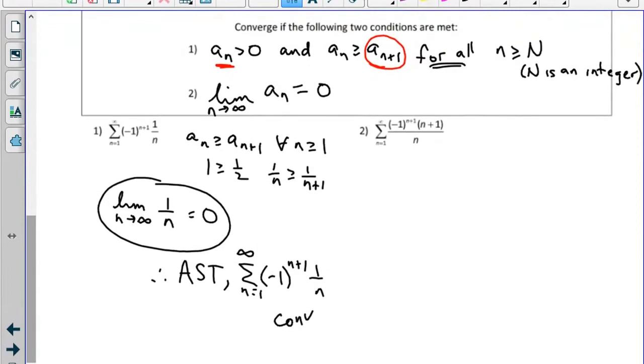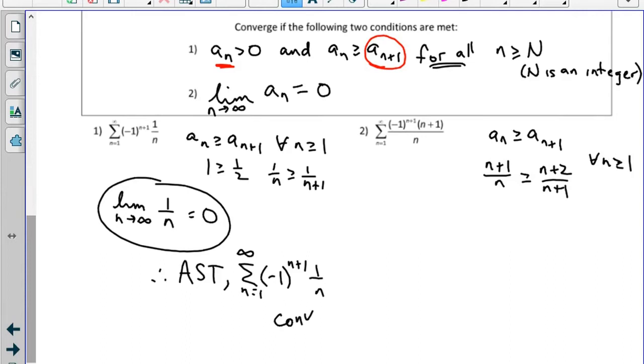Okay, next one. If we look at this, we'll take a look at the conditions. Is a sub n greater than or equal to a sub n plus 1 for all n greater than or equal to something? So if we take a look at this, is n plus 1 over n greater than or equal to n plus 2 over n plus 1? That is true, actually, for all n greater than or equal to 1.